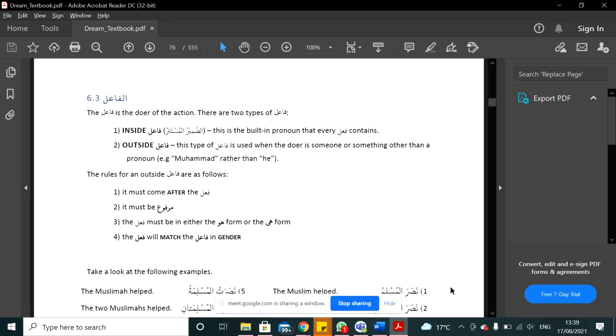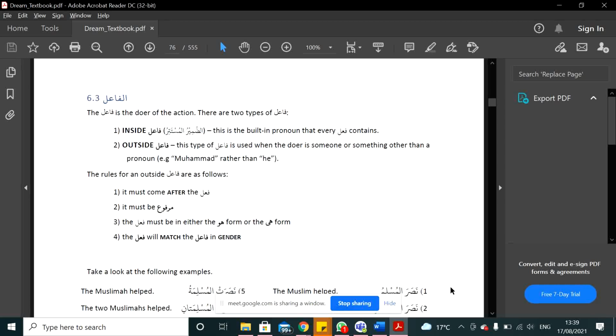Getting it? All the words that we are reading so far, every fi'l in Arabic grammar has a fa'il inside of it, which is a pronoun, right? So if you say a fi'l on its own, it is a sentence with a pronoun attached to it. But not always is the fa'il, the doer, a pronoun. In Arabic grammar, if I say I ate, I say akalat, right? To eat is akala.